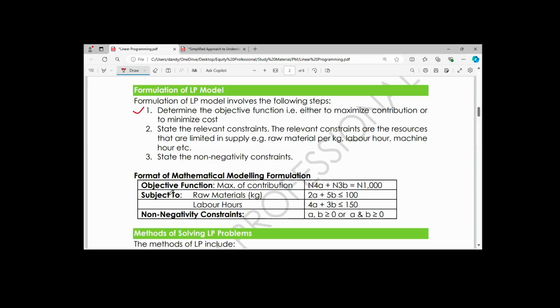Then, of course, step 4 is to state the non-negativity constraint, which states that negative output is not permitted. So all these procedures, the only one that is not here is number 1 I mentioned, which is to define the variables. Because in most cases, the product may be given to you in words, so you need to convert it to letters.